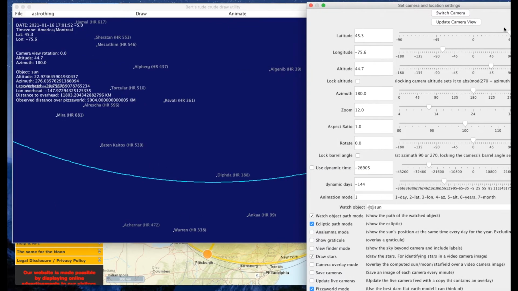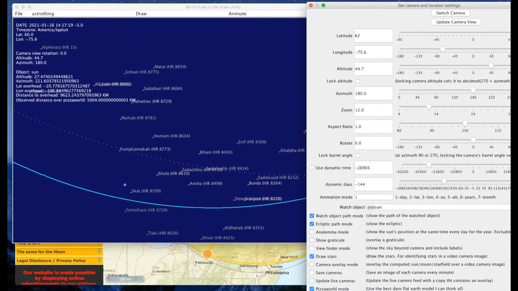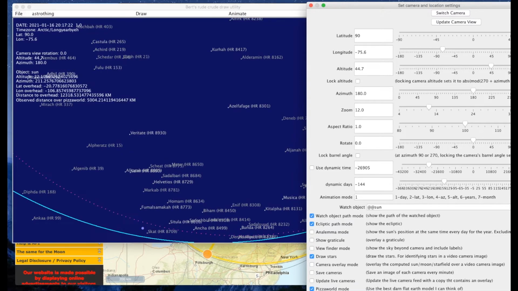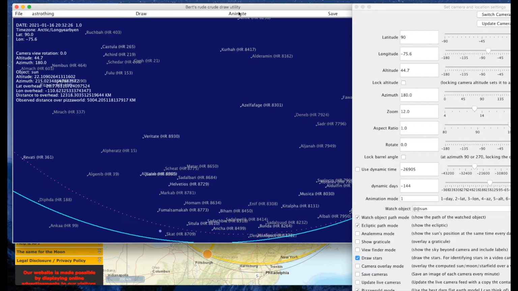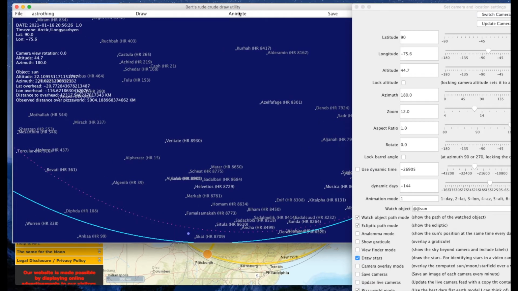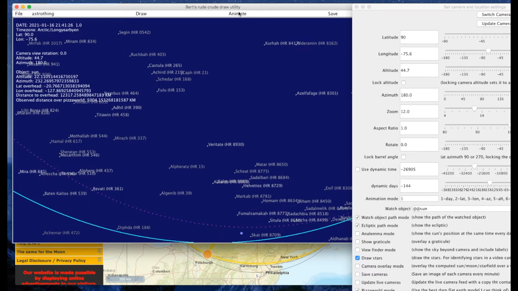So I'm facing south. If I were to back up towards the North Pole, everything seems to be moving away from me. And if I animate it, everything seems to be spinning around like that.